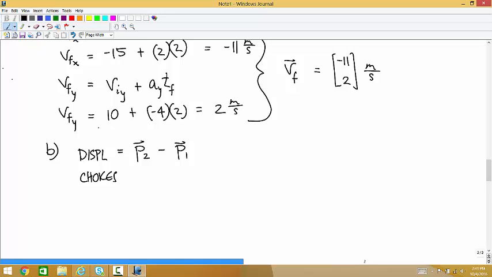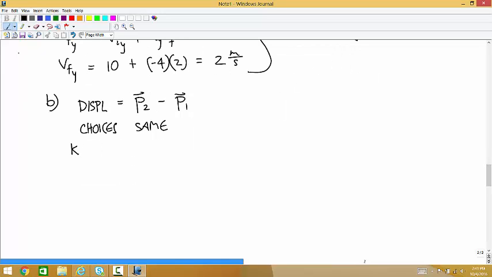Those choices we'll keep the same. There's no reason to change those. And that means all the known values we had before are still the same. And now what we want to find is PFX and PFY.